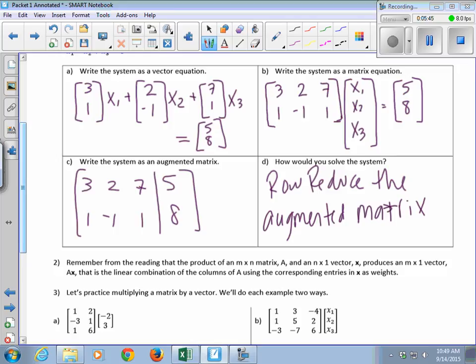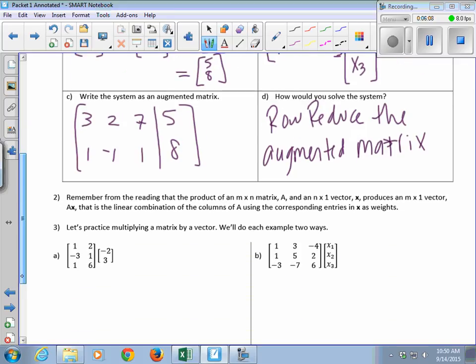Remember from the reading that the product of an m by n matrix A and an n by 1 vector x produces an m by 1 vector Ax. It's the linear combination of the columns of A using the corresponding entries in x as weights. Let's practice.